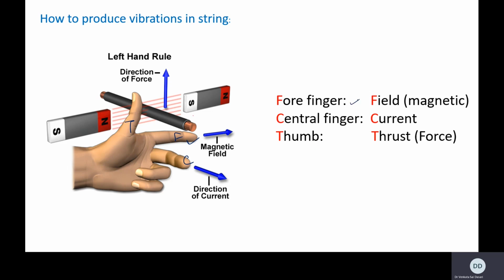An easy way to remember is F, F, C, C, T, T: forefinger field, central finger current, thumb thrust.